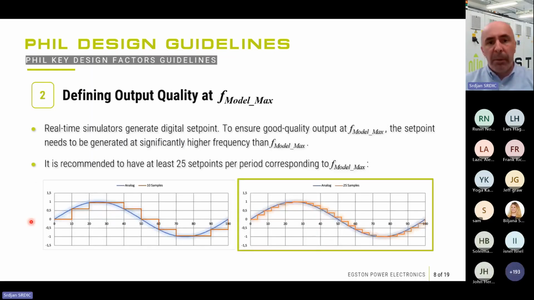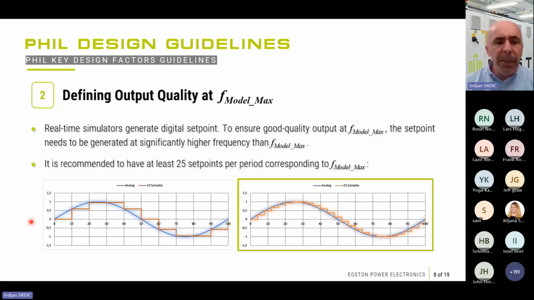Once we know the model bandwidth, we also need to define the quality of the signal that we would like to have at the model bandwidth frequency. That's important because that determines the accuracy of your simulation.